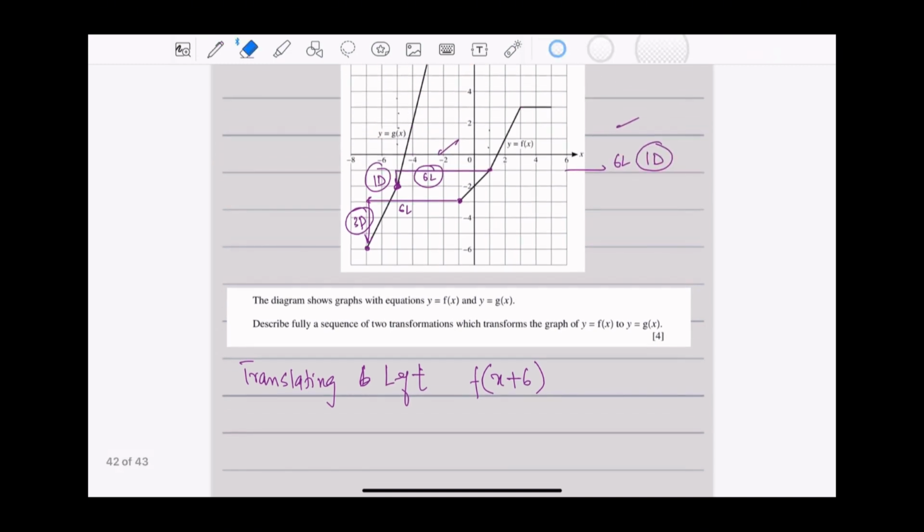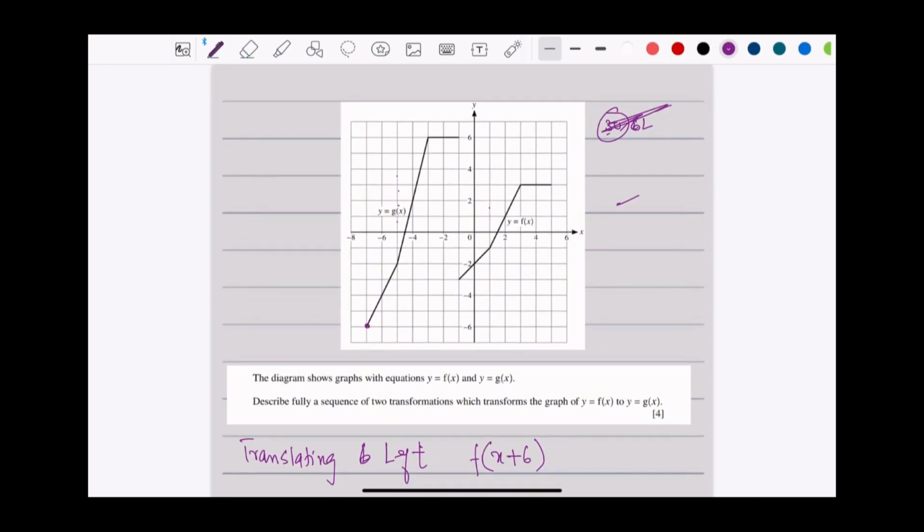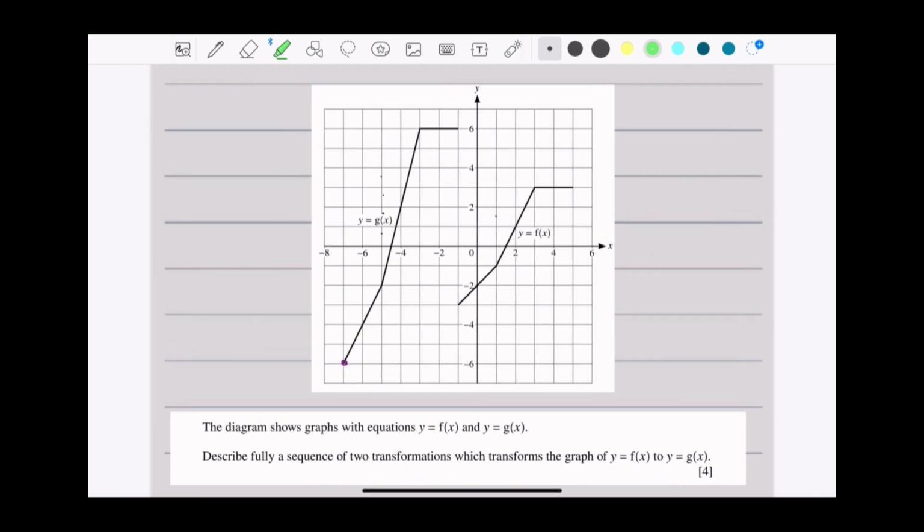Now next, erasing all the rest and then looking for stretches. Now look for horizontal stretch at this line here, and it is stretched to this line.